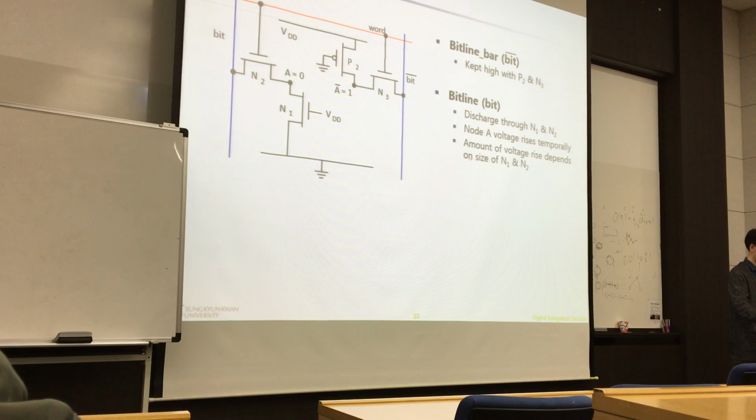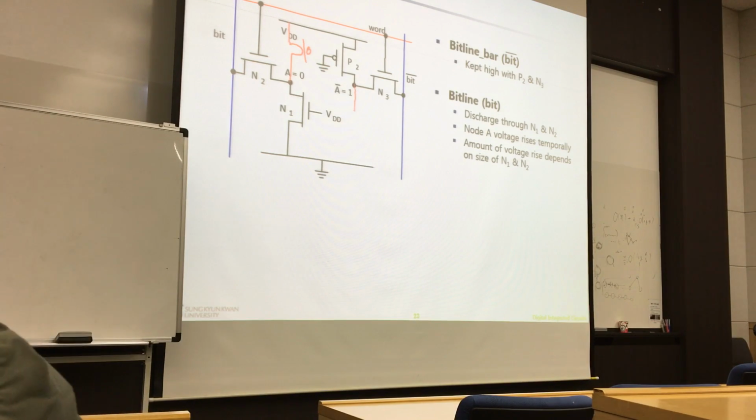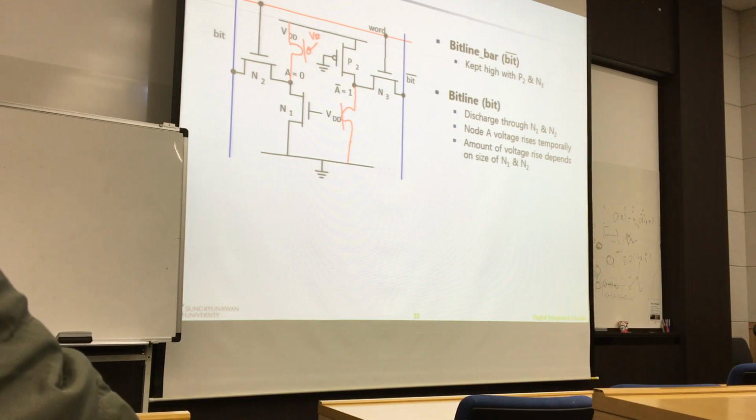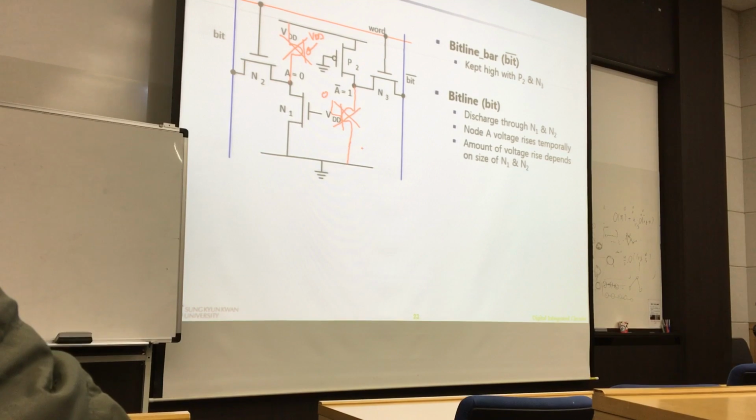So then if we want to think about how this read upset happens, we can simplify the read scenario like the figure shown here. We originally had this PMOS here, NMOS here, right? But because this was VDD and this was ground, we could assume these are off.